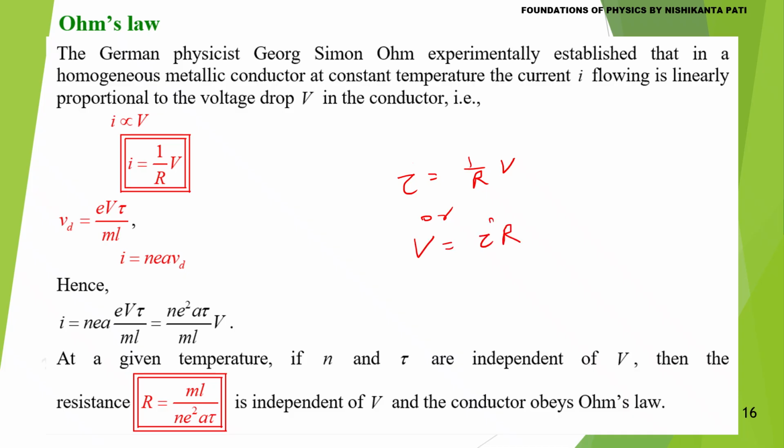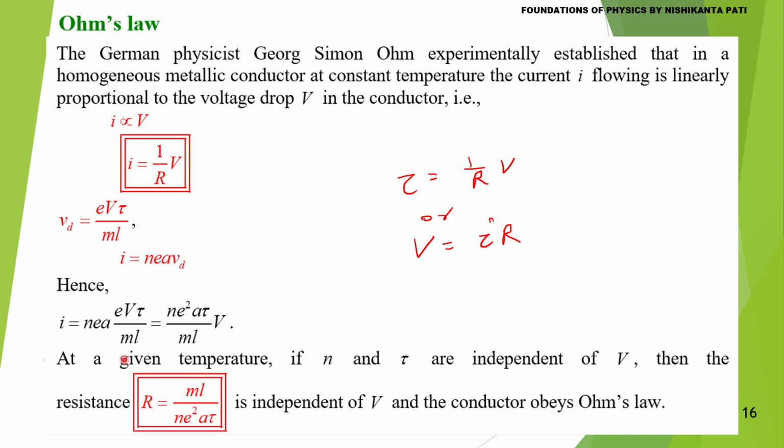These are not Ohm's law. Ohm's law demands 1 by R has to be constant, or R has to be constant at a constant temperature. Then I will be proportional to V. Let us analyze whether this R is constant or on what factors this R depends.